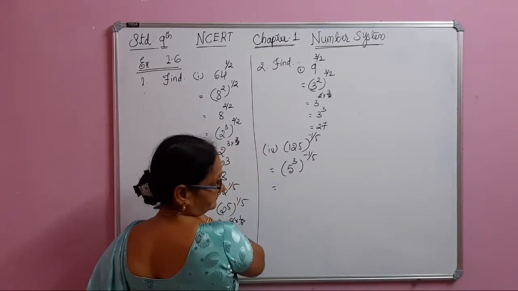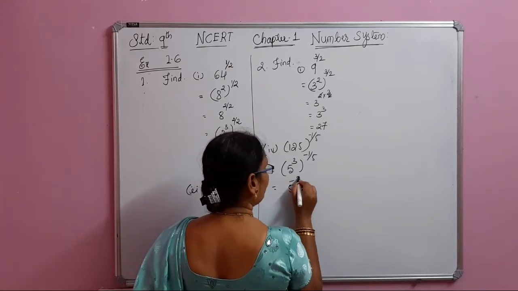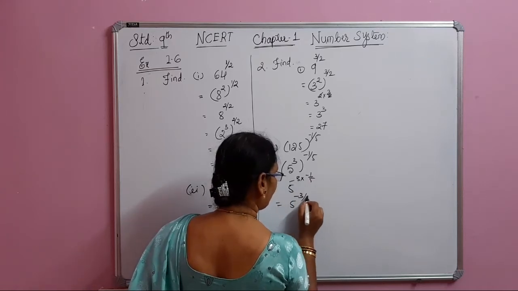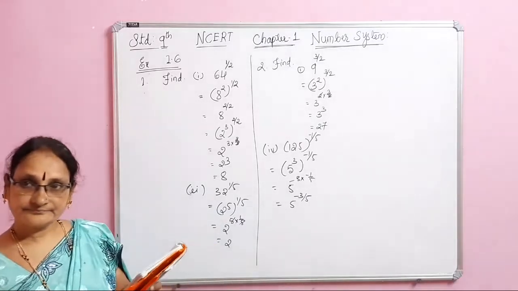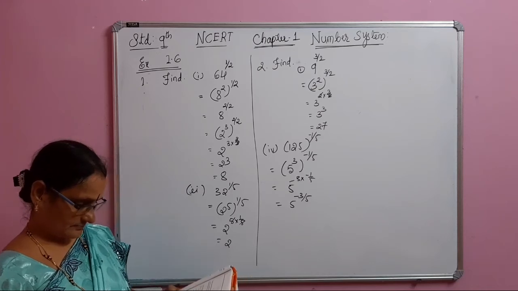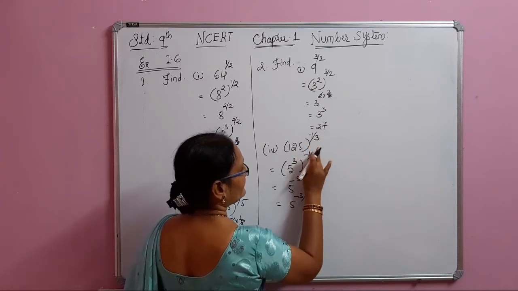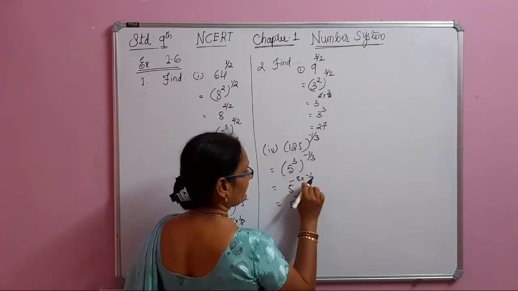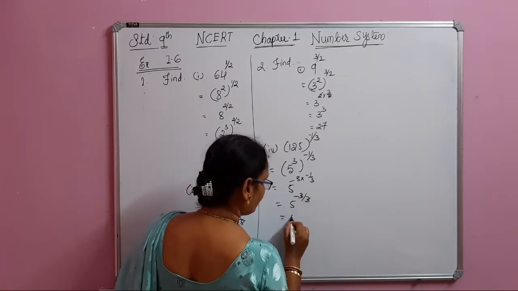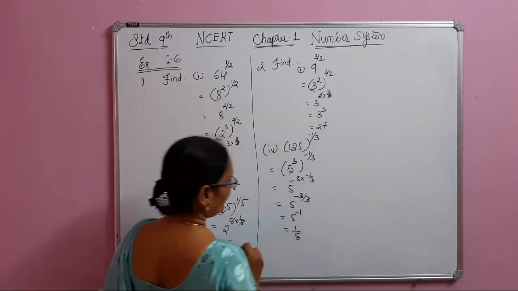So this is 5 to the power 3 into minus 1 by 5. Sorry, here not 5, this is 3. Here also 3. So the 3s got cancelled. 5 to the power minus 1, which means 1 by 5 is the answer.